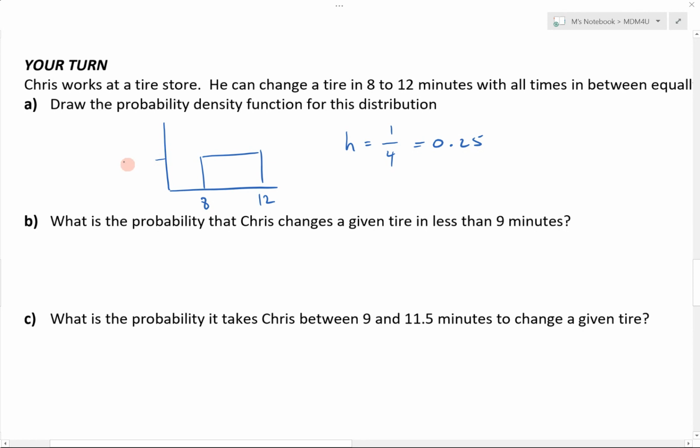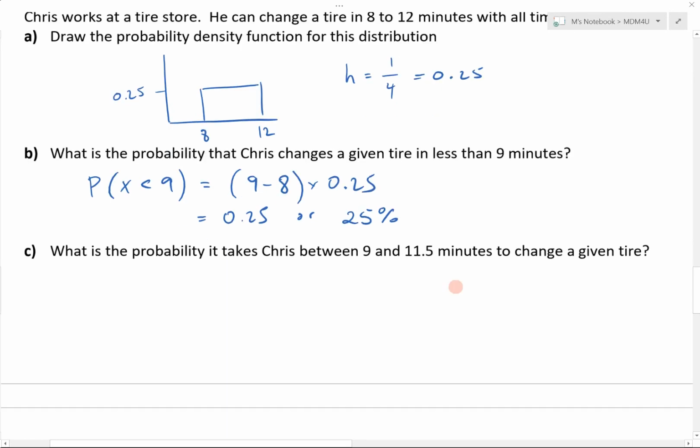So the probability that Chris changes a given tire in less than 9 minutes is equal to 9 minus 8, 8 being the lower end of my interval, multiplied by 0.25, and that gives me 0.25, or 25%.